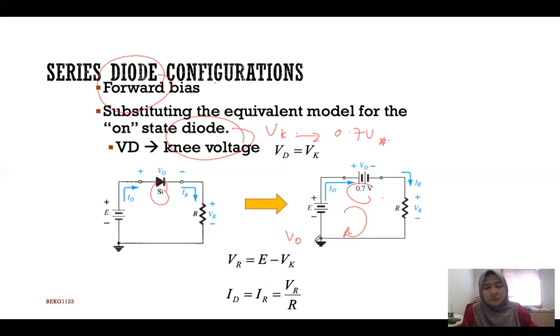For the diode current ID, this is a series circuit, so the current through the diode is the same as the current through the resistor. You can calculate VR divided by R and you will get the diode current ID.